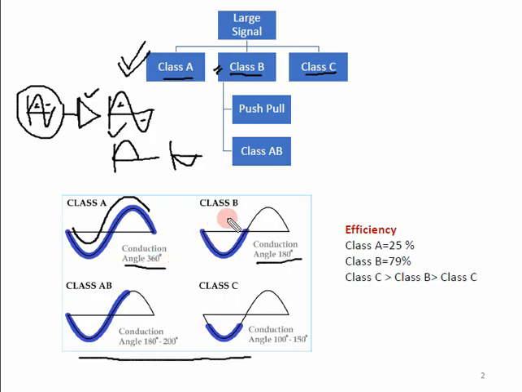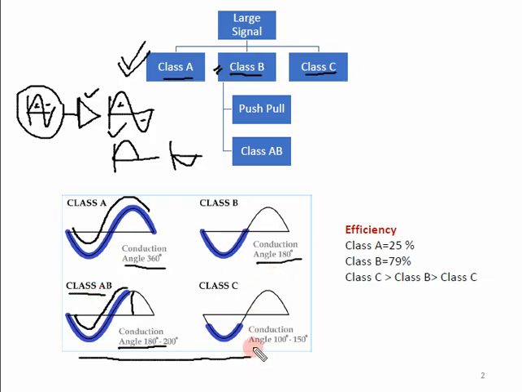Now if the amplifier is operated for greater than 180 degrees, with the conduction angle in between 180 and 270 degrees, this is known as a class AB amplifier.